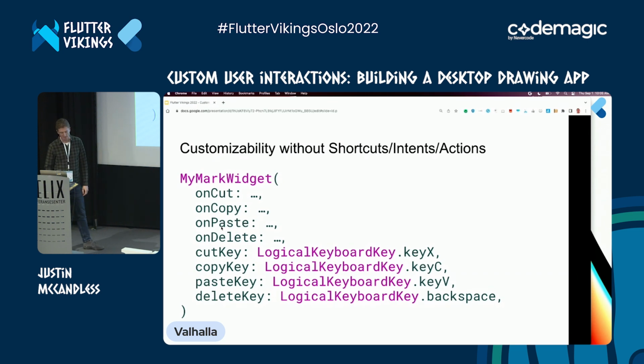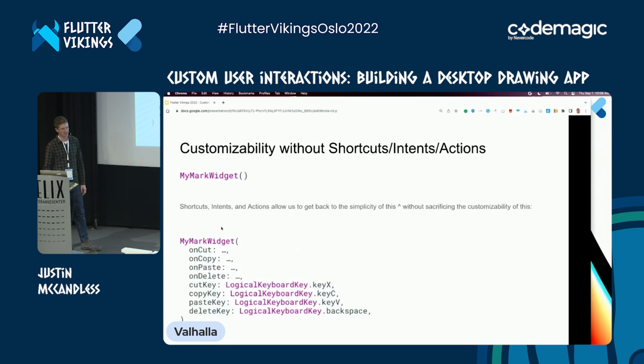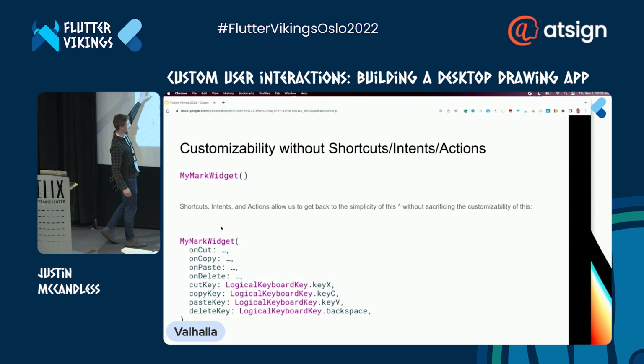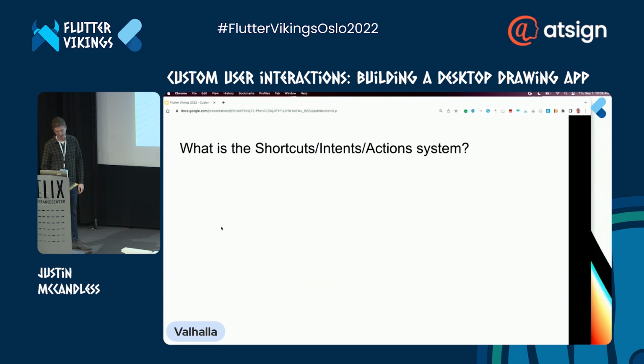And so one thing that shortcuts, intents, and actions lets us do, by passing messages up and down the widget tree, is circumvent using parameters like that. Ideally, we can get the simplicity of very few parameters, something like at the top, but still have the flexibility of something like this where everything is customizable by the user. So we're going to see how that works in a second.